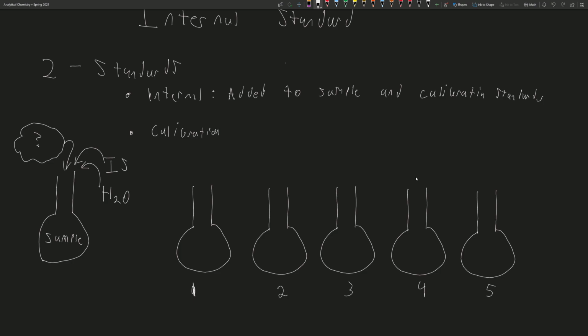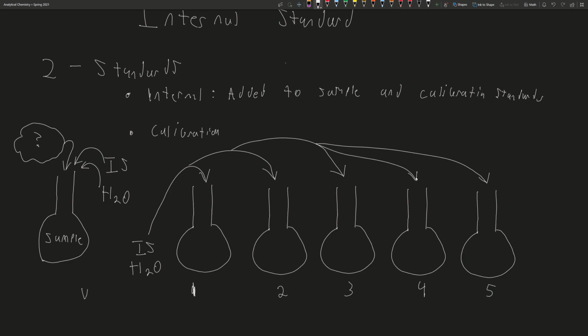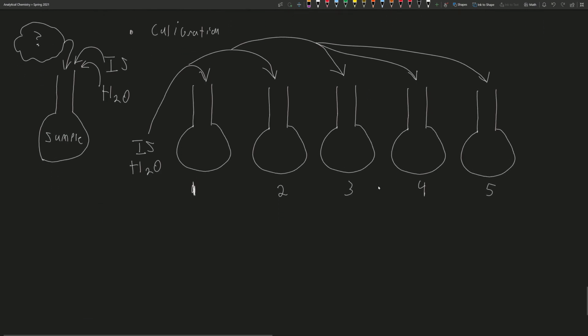Into each of these, we are going to put internal standard, we're going to put water, and we are going to put varying, let's say, analyte.